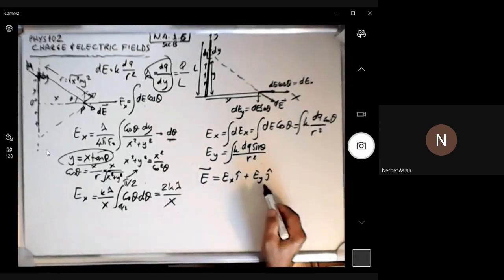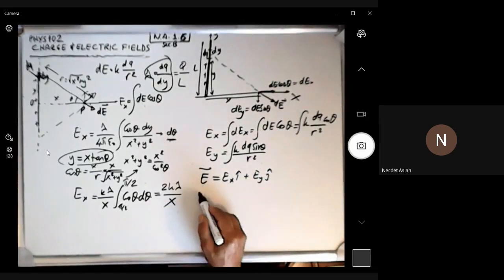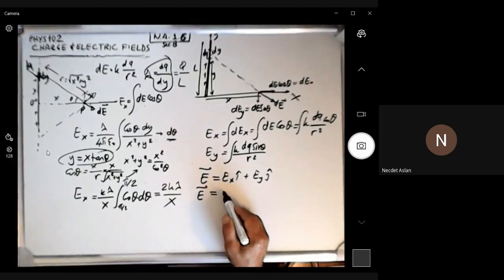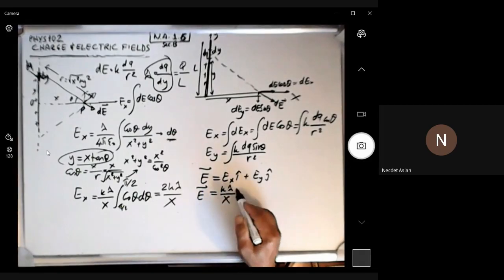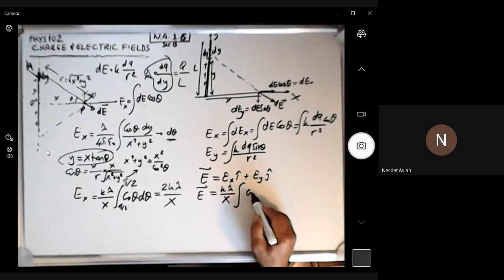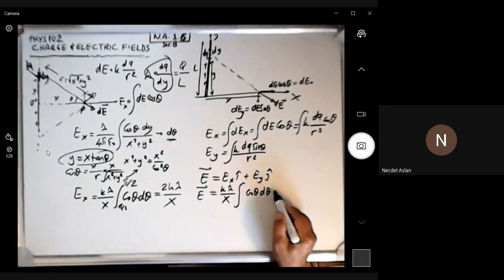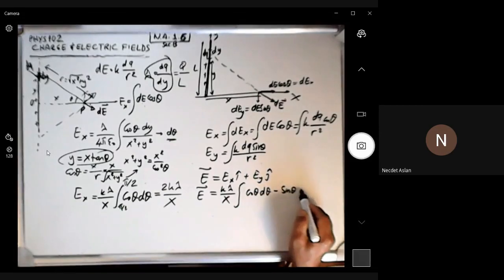So if you put these two terms here, you will see that the electric field is given simply as k lambda over x, just like before, times the integral of cosine theta d theta minus sine theta d theta.